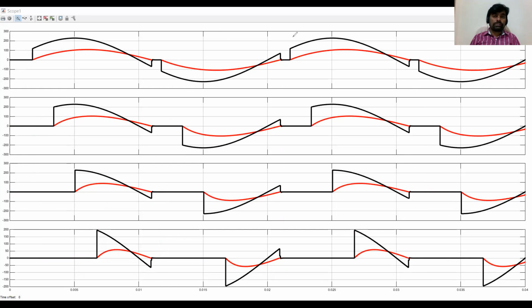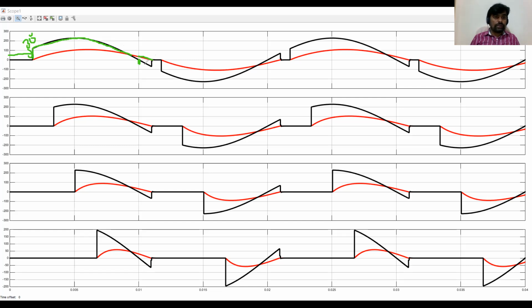So now we are focusing on output voltage and output current. So here you can see this is at alpha equal 30 degrees, all right, where the output voltage starts from this particular point. And actually at this particular point, the current has to become zero, but due to presence of inductor, it will take some time to discharge energy completely, right?